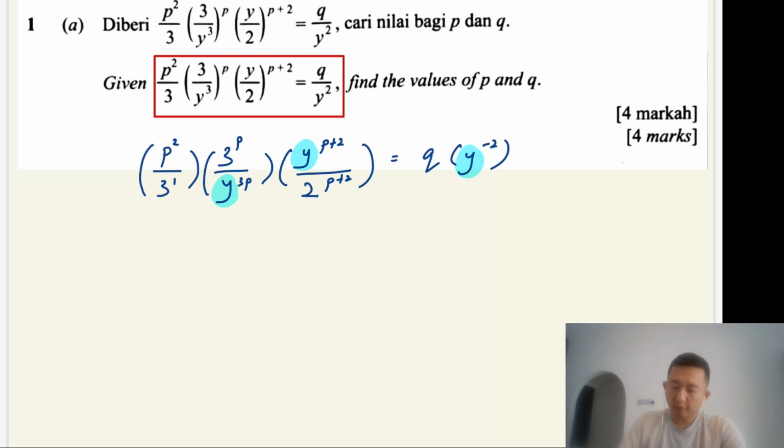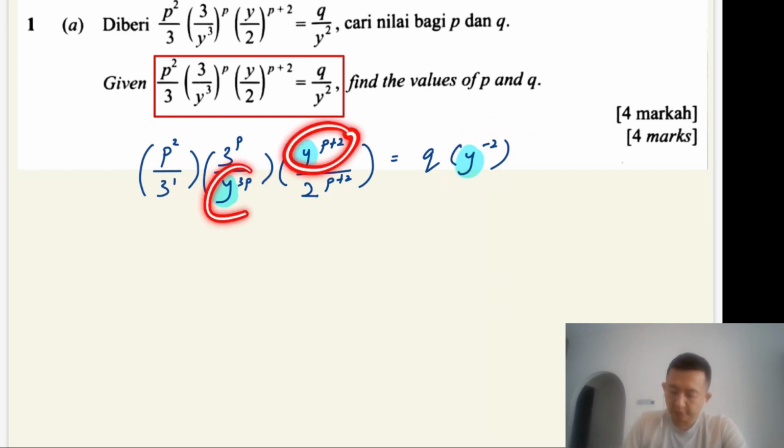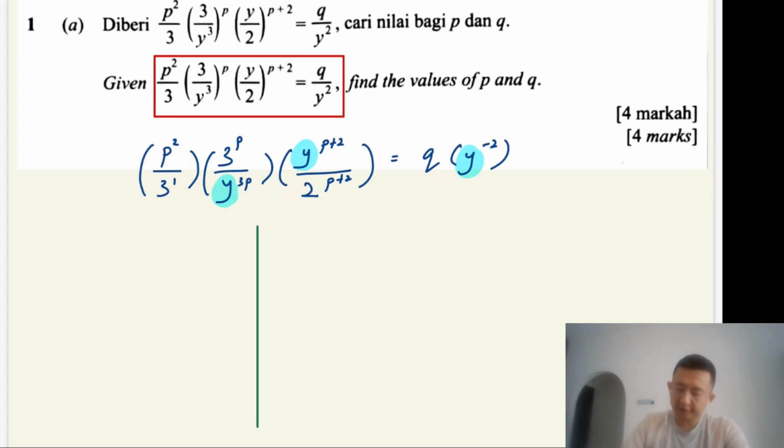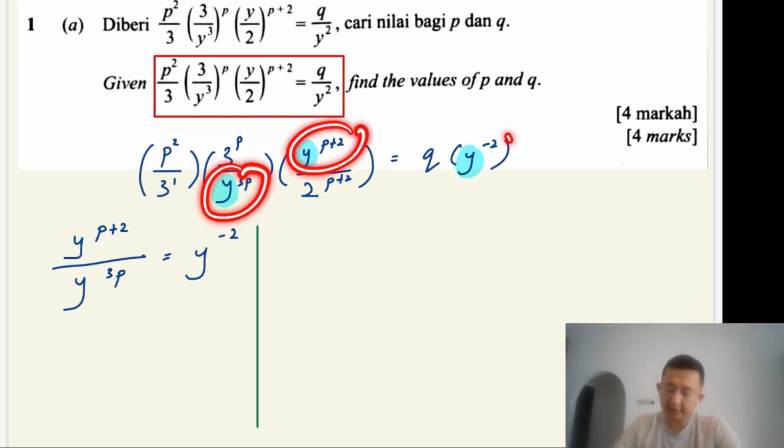If I'm going to compare all these Y, I'm going to group these two together. So the first comparison: Y power P plus 2 over Y power 3P should be equal to Y to the negative 2. Only same base.